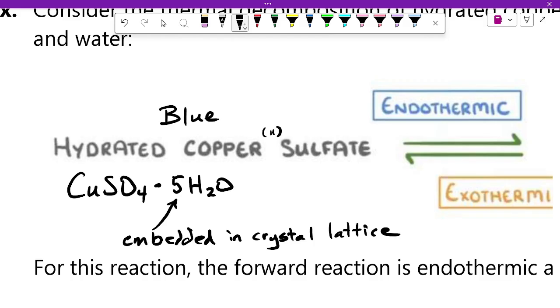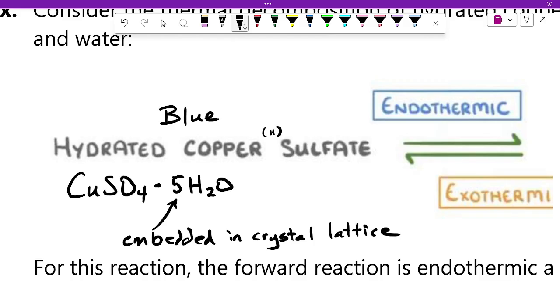Yeah? What kind of force is holding the 2 ions to each other? Ionic bonds. Absolutely. They're ions. What's holding the ions together? Ionic bonds. Yes.